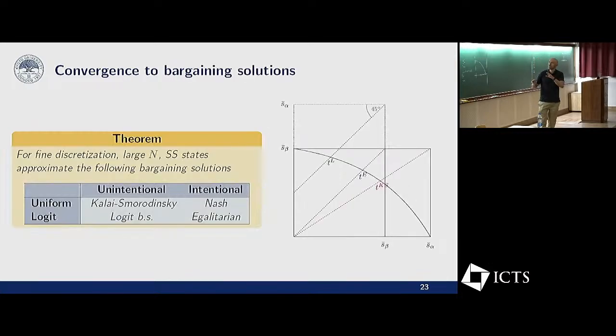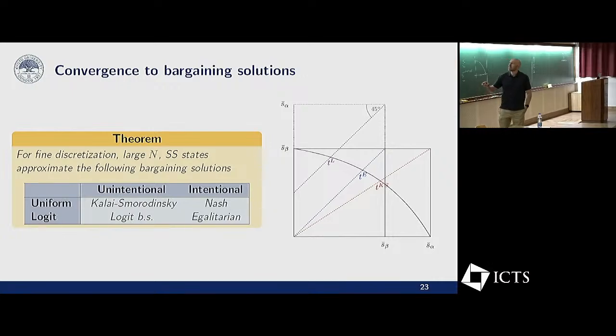And so once we throw all these ingredients in and do some algebra, we find that the stochastically stable states under these dynamics approximate, meaning if we let our discretization become finer and finer, the following bargaining solutions.